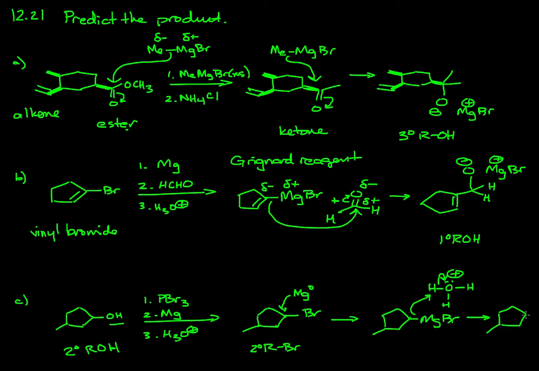This carbon now bears 2 hydrogens. Overall, what we've done in part C, we've deoxygenated this carbon. We've taken it from the alcohol oxidation state all the way down to the alkane. So we can think of this as a formal reduction using a 3-step process.